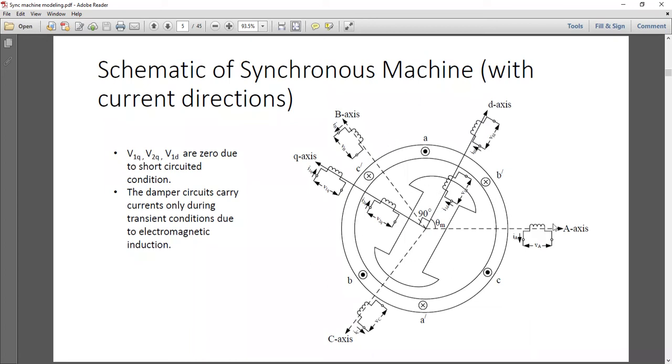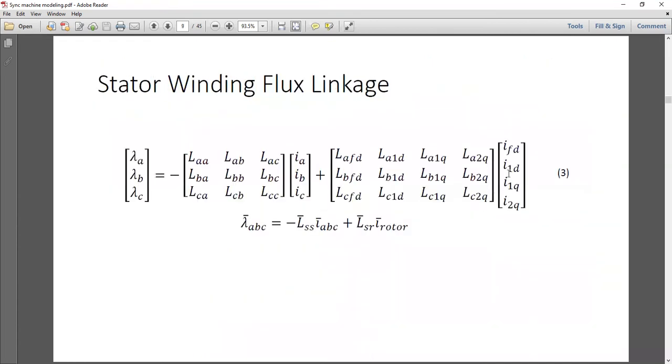So some flux will be self flux linkage and some flux will be mutual flux linkage. Is it okay? Self flux linkage and mutual flux linkage. So we will be looking into that slowly.